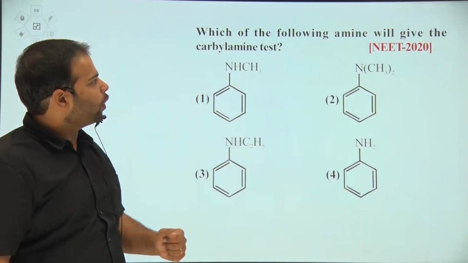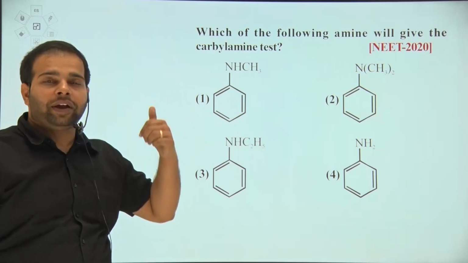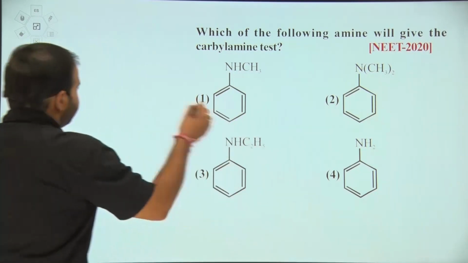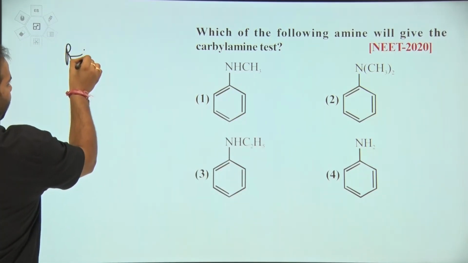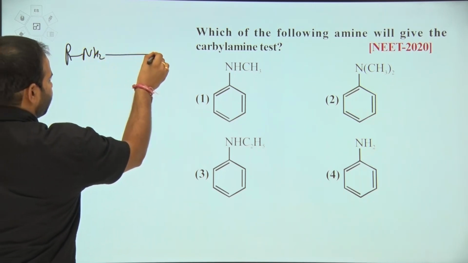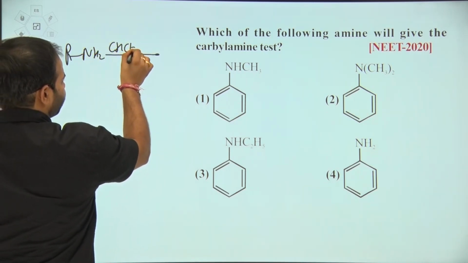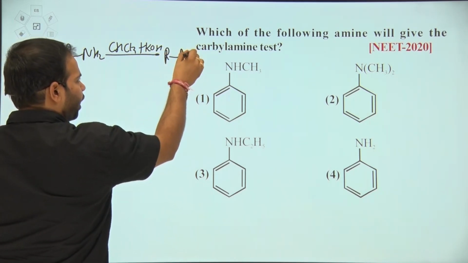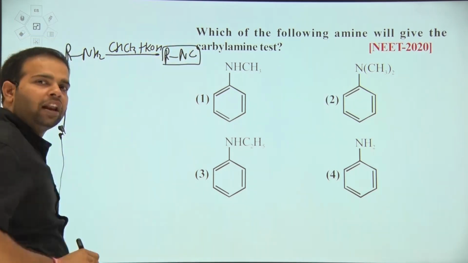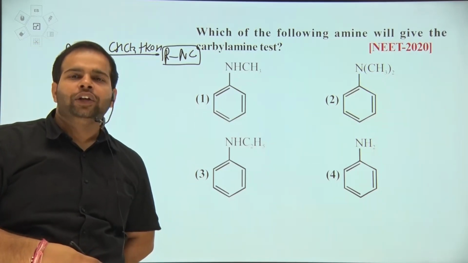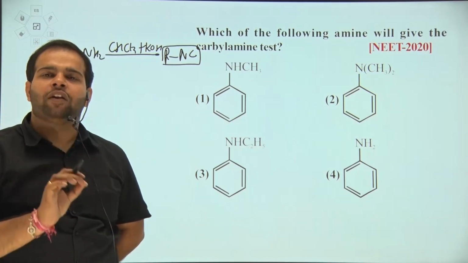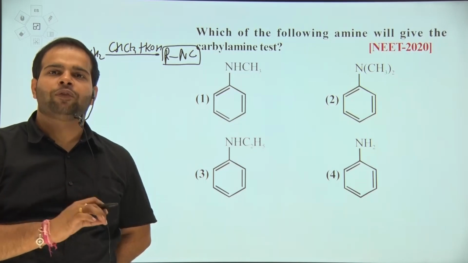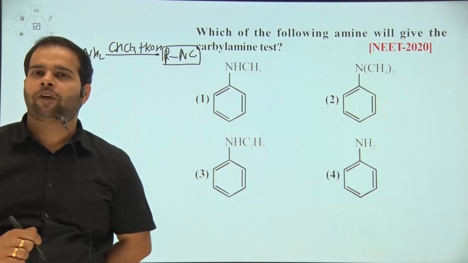The question is, which of the following amines will give the carbylamine test? Now what is the carbylamine test? It is a test of 1 degree amine, RNH2, with chloroform in the presence of base to form a final product RNC, that is known as carbylamine or isocyanide. So this reaction is only given by 1 degree amine. So we have to find which 1 degree amine is present in the options.